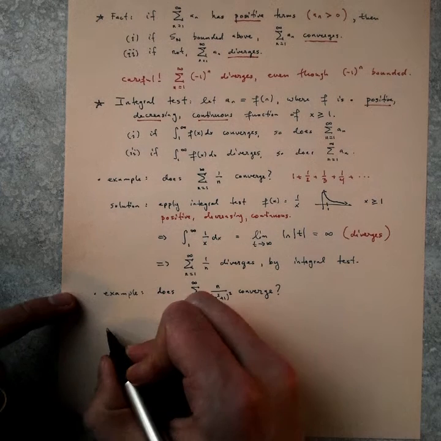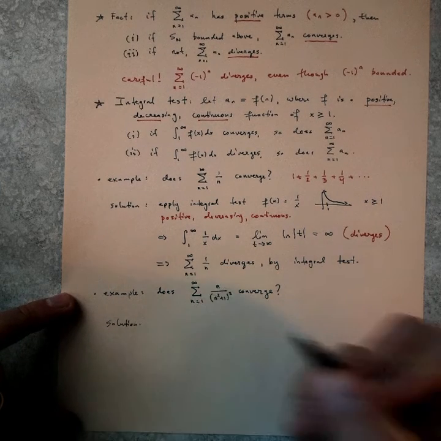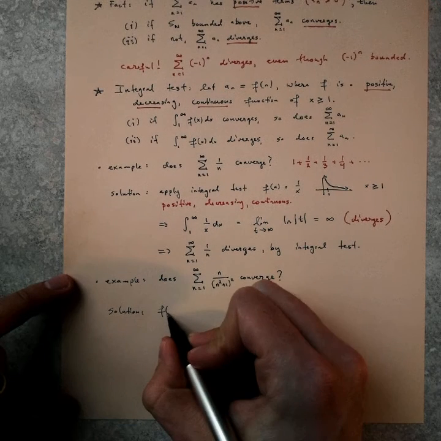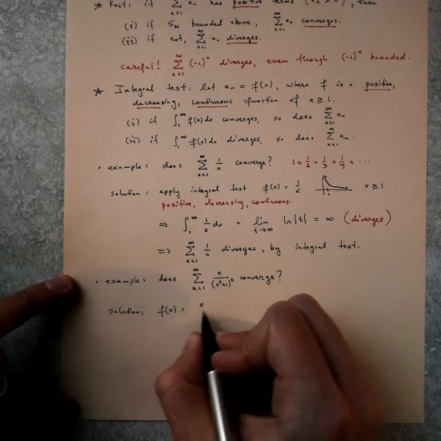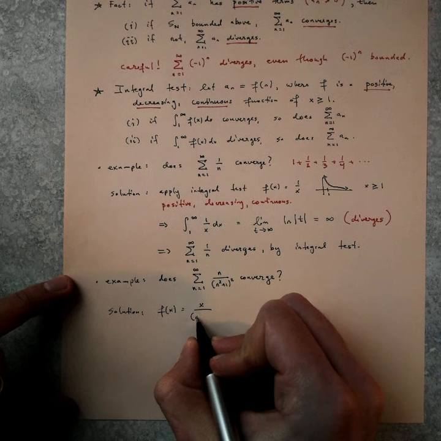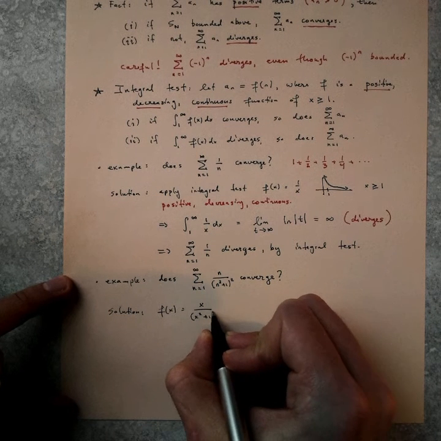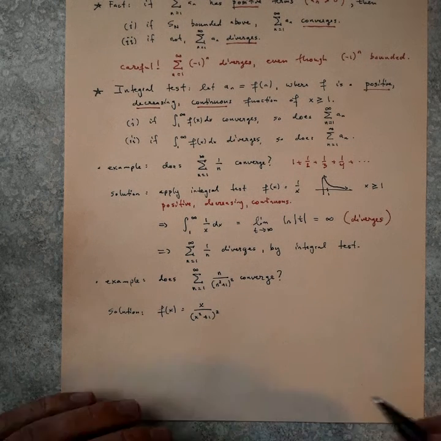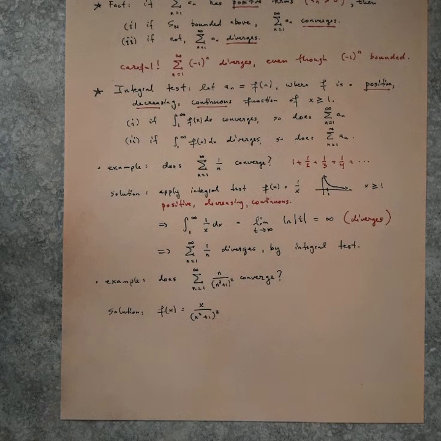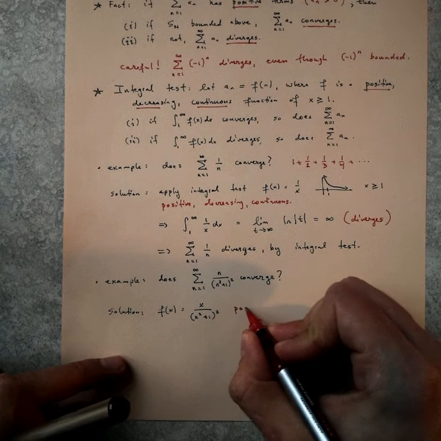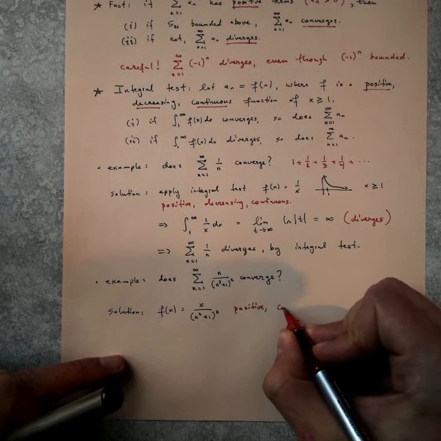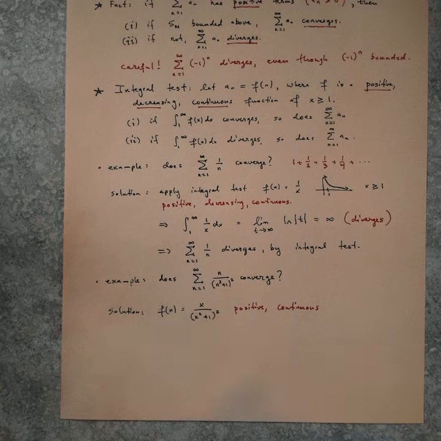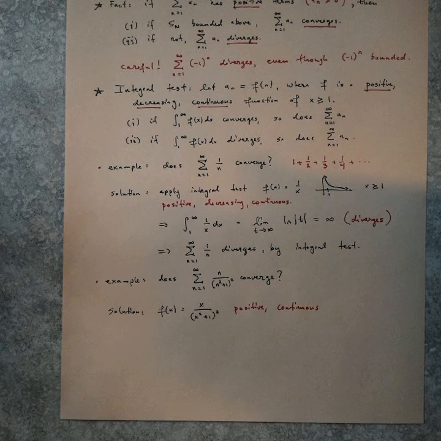Okay, so to answer this, you just need to look at the function f of x is equal to x over (x squared plus 1) squared. So this is certainly positive, and it's continuous. But is it decreasing?